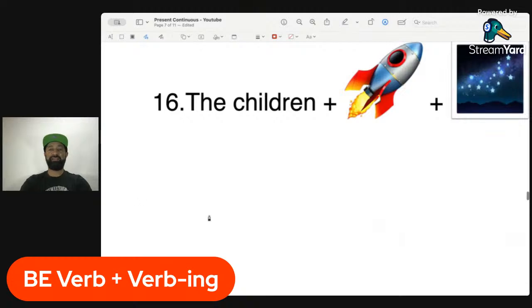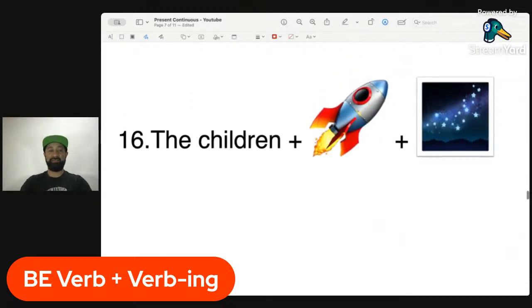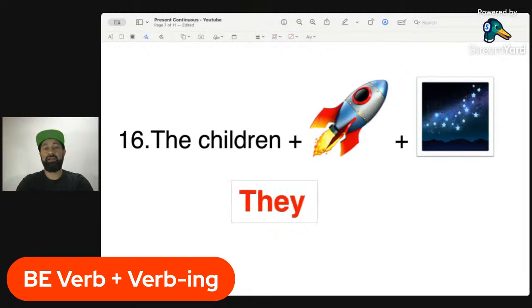let's do number 16. I've got the children, I've got a rocket, and I've got what looks like space. All right, so for me, because the subject is they, what I would say is, I'll keep it as children.